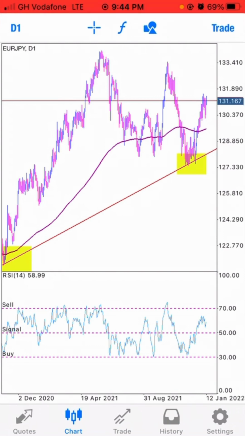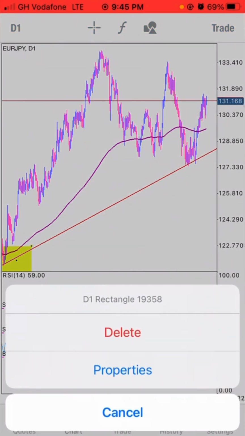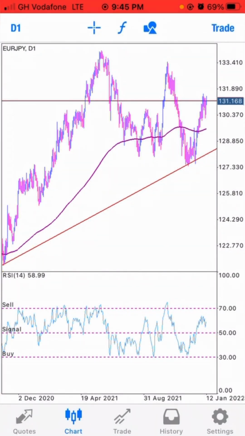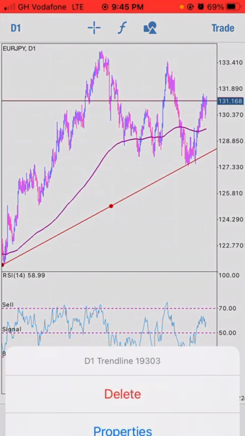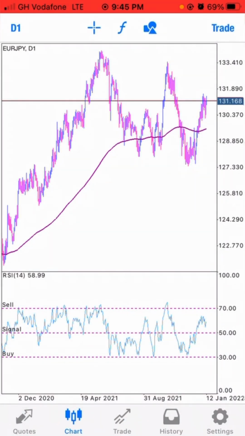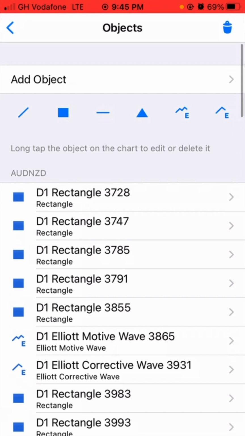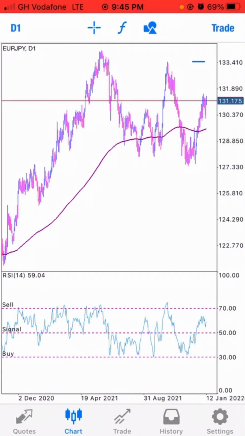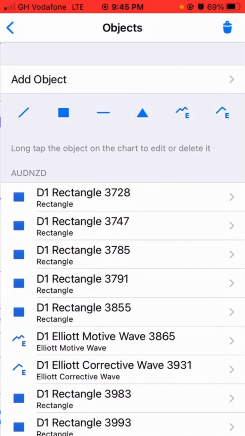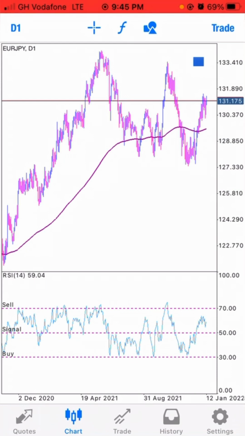So to spot the demand zones, I think I'll have to delete all these ones. Okay, let me remove the trend line. To spot the demand zone, you can use horizontal lines or the rectangular box or the rectangular object.